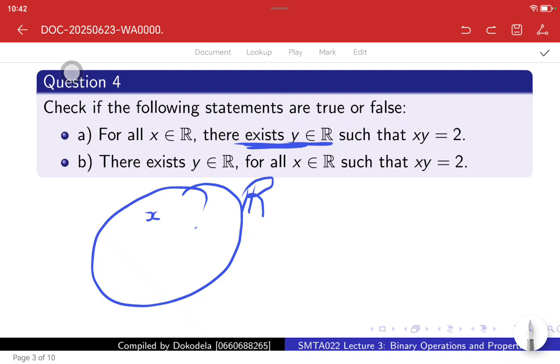Does that number exist here? Let's say I take 2. Let's assume that I take 2. Let's say x is equal to 2. Is there a number that, when I take x being 2, 2y is equal to 2?